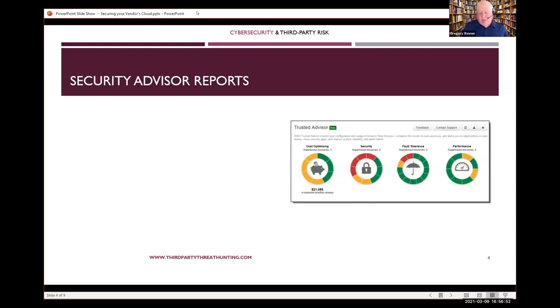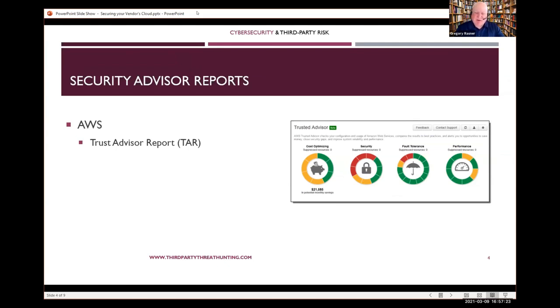A big tool, and I can really only focus here on the top three, because there are other cloud service providers that do security advisory reports. On the big three, on AWS, Amazon Web Services, it's the Trusted Advisor report. It is perfectly reasonable to ask your vendor for the Trusted Advisor report for the solution that they're providing.